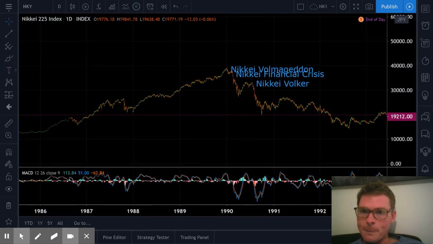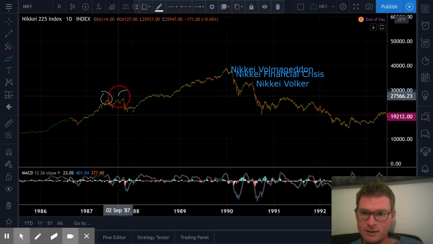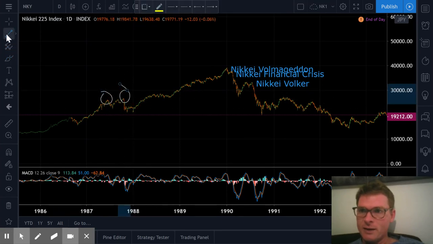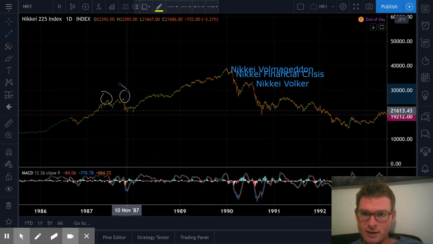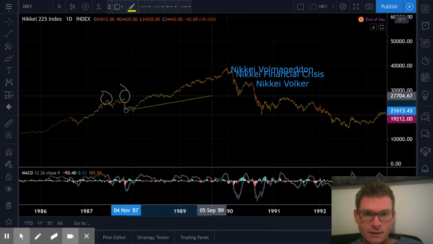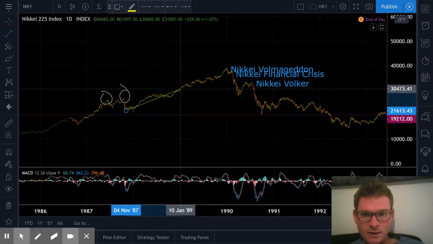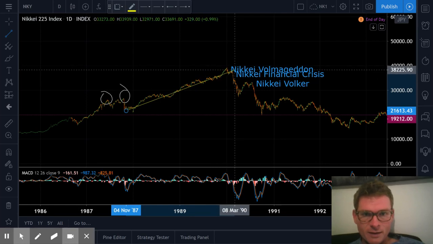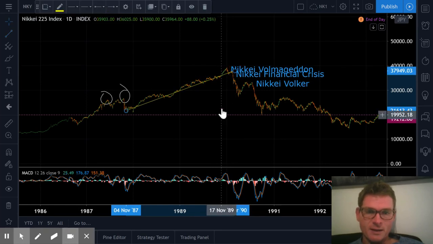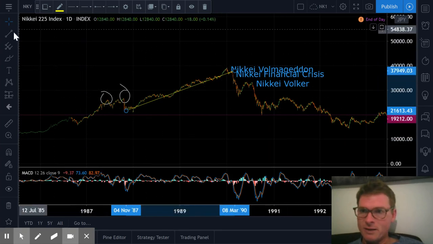Here on the Nikkei, we have the analog of the dot-com and the financial crisis, and then you can get a bull market trend line that goes up and cuts through all this action on the bull market, and tops that pattern on the backside of the bubble.